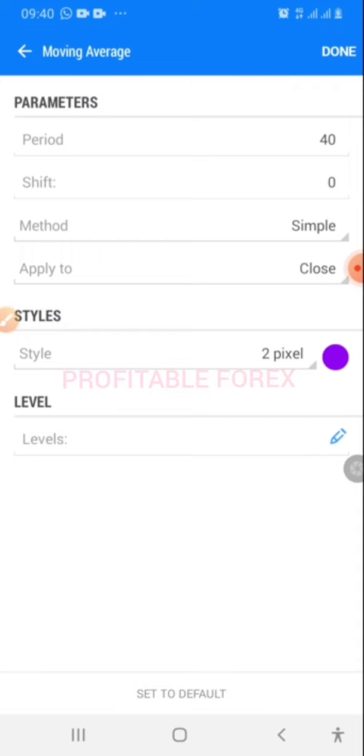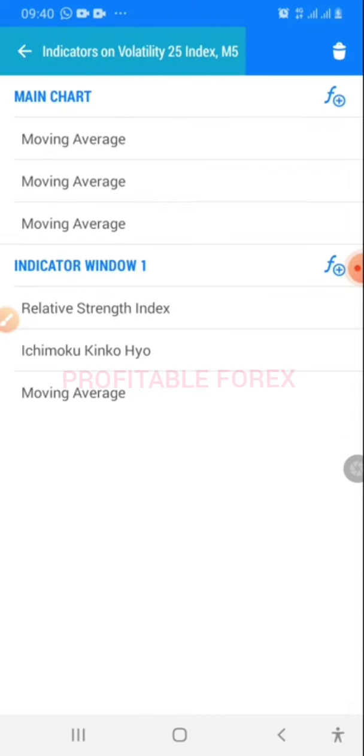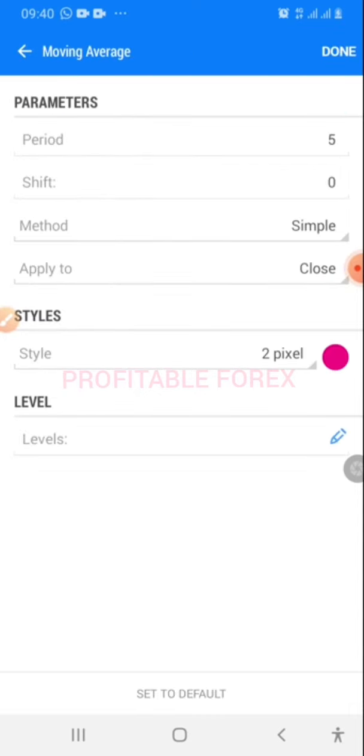We took period 40, shift 0, method simple, apply to close, style to bezel, color purple, or use any color of your choice. The levels, no levels, so you leave it empty. Then the second moving average: period 5, shift 0, method simple, apply to close, style to bezel, any color of your choice.